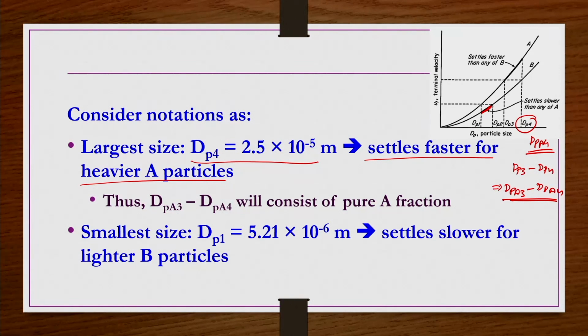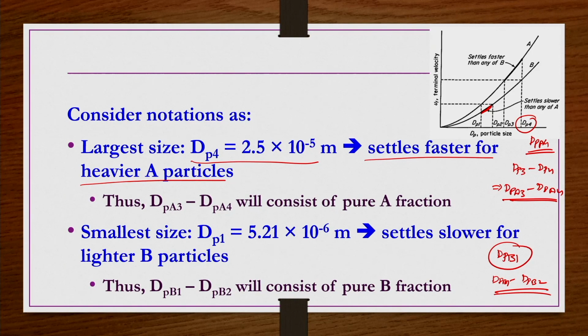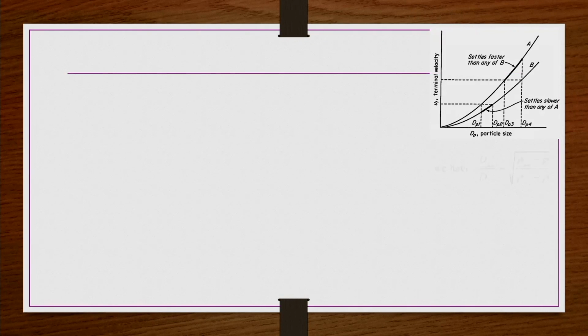So whatever dp1 is given should be dpb1, and dpb1 to dpb2 is the fraction having the lower settling velocity, which forms an almost pure B fraction at the top, having the lower density. So dpb1 to dpb2 will consist of the pure B fraction. This ratio we are going to find out here.